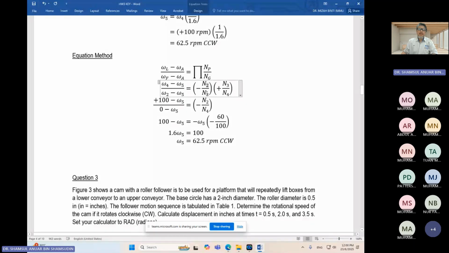Pinion, gear, then gear 3 will be the pinion, and gear 4 will be the gear. Okay, the plus minus you should follow, though otherwise it is not strictly needed. So between 2 and 3 will be a negative. Between 3 and 4 a positive relationship.